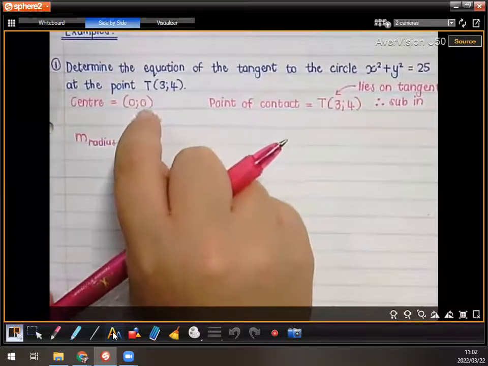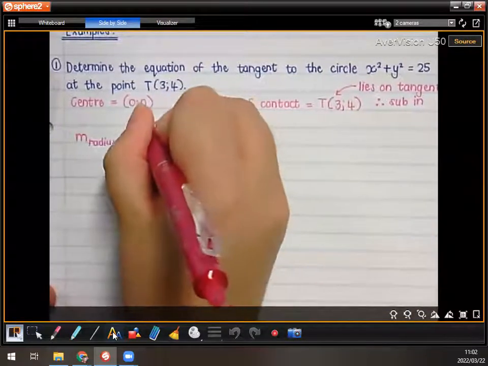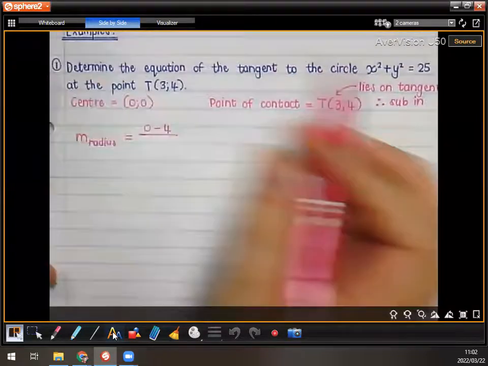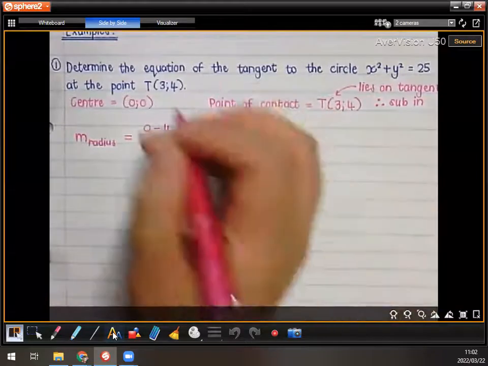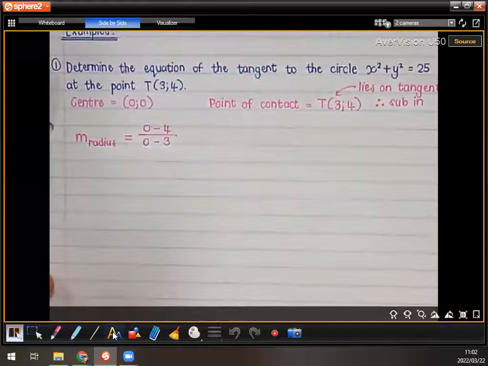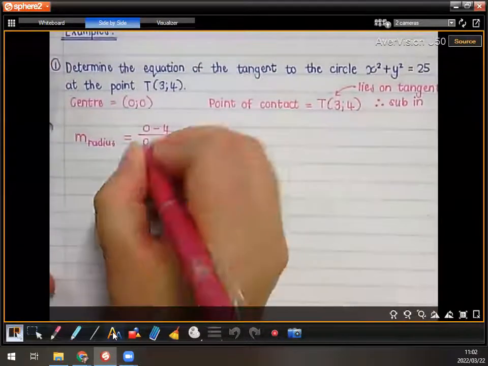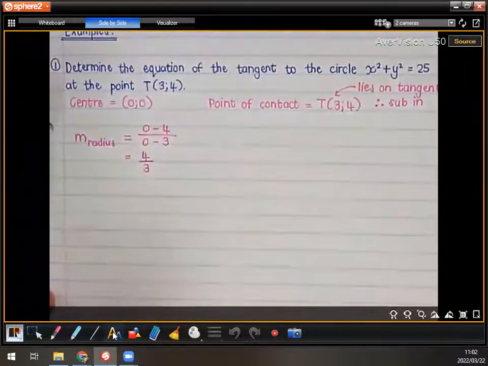So change in y, I'm going to take this y value 0 minus that y value 4, over the x value, which is also 0 minus the x value, which is 3. That's going to give you negative 4 over negative 3. The 2 minuses are going to cancel out, so your answer is 4 over 3.